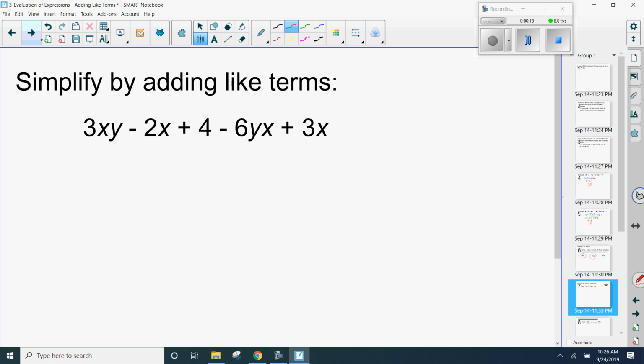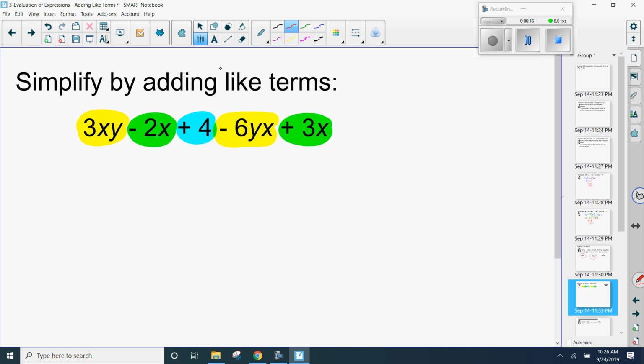And when you add like terms together, if I were to look at the example I have up on the board, which ones are like terms? Negative 6xy. You want to take the sign of the coefficient with it. Then you have this term of negative 2x and positive 3x. And then you just have positive 4. So if I add those together, if I add the yellow together, you add the coefficients.